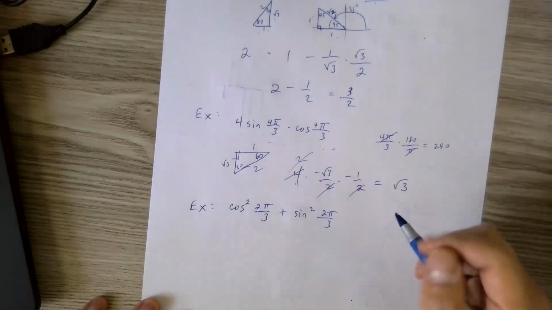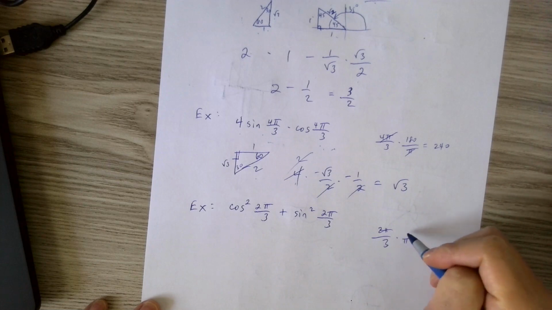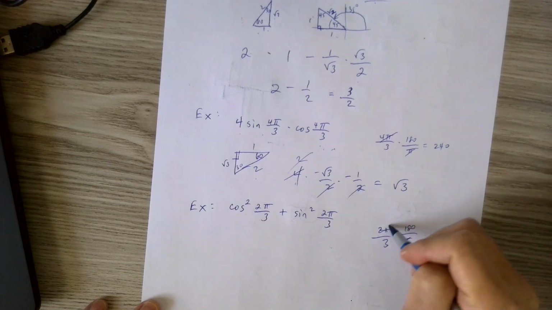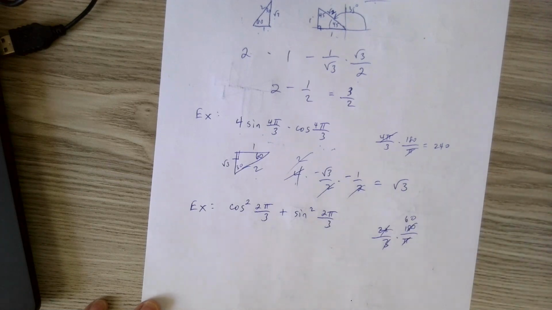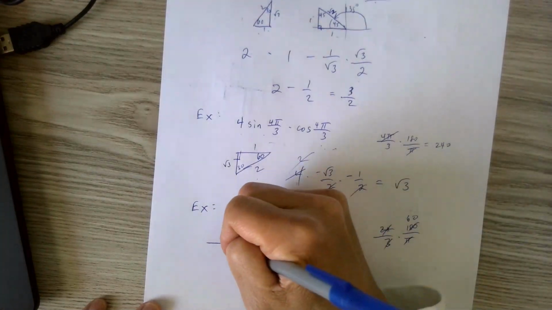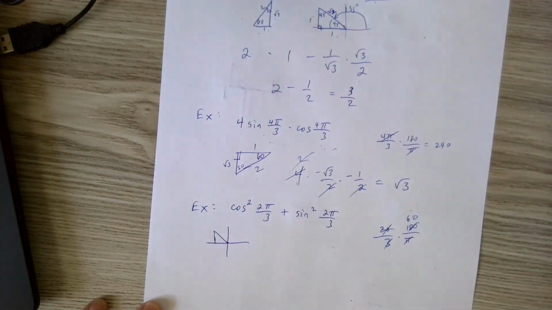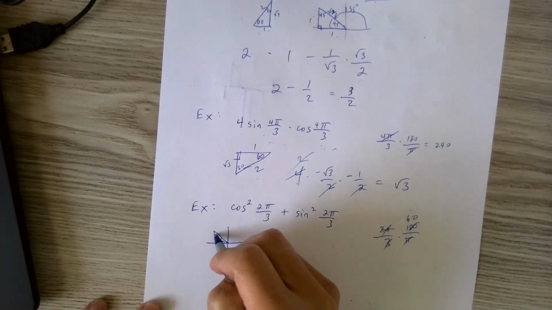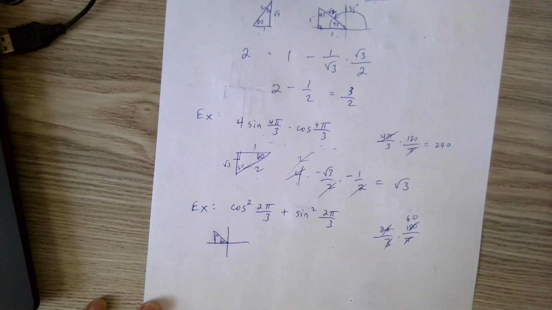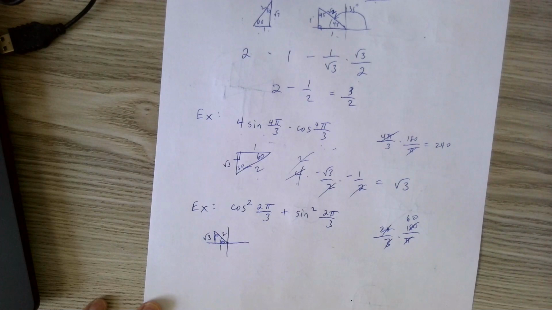So 2 pi over 3, convert to degrees, is 120. So we are in quadrant 2, like this. 120. So this is 60, 30. 1, rad 3, 2 are my sides.